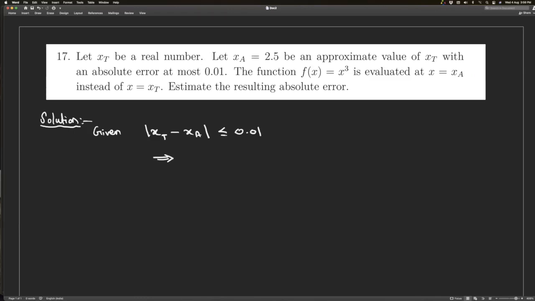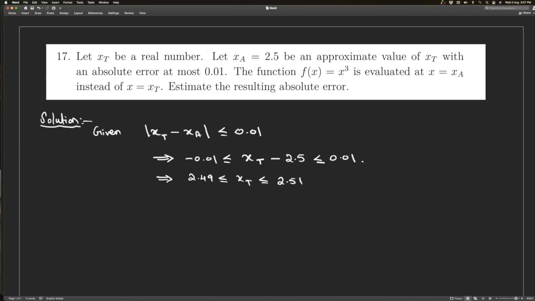That implies -0.01 is less than or equal to xt, which we don't know. We are not given xt, but xa is given to us, that is 2.5, and that is less than or equal to 0.01, right? So from here, we can just get 2.49 is less than or equal to xt is less than or equal to 2.51.